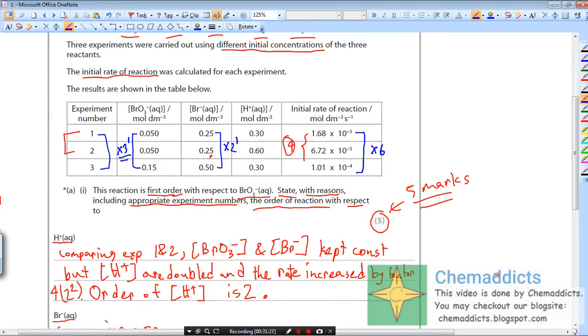It doesn't matter whether it is tripled or doubled. The only thing that matters is the power. Since the power is 1, the order for bromate 5 is 1, and the order for bromide is 1, and as a result the initial rate also increases 6 times, as we can see.